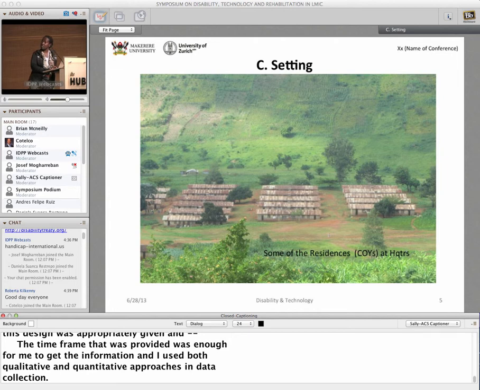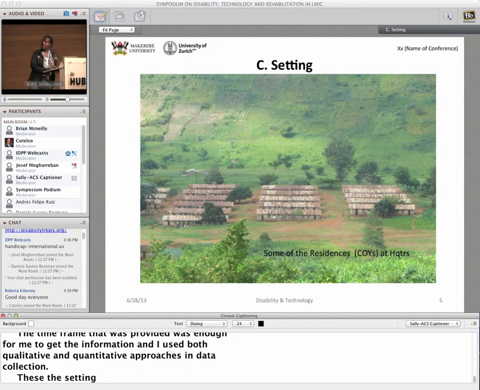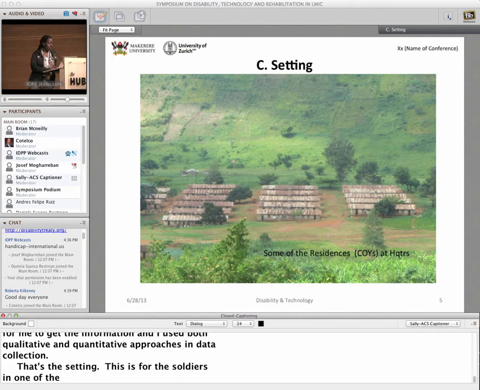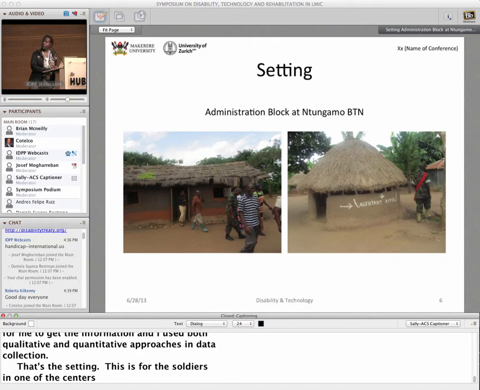That's the setting, that's the residences for the soldiers in one of the centers. That also is an office in one of the centers.